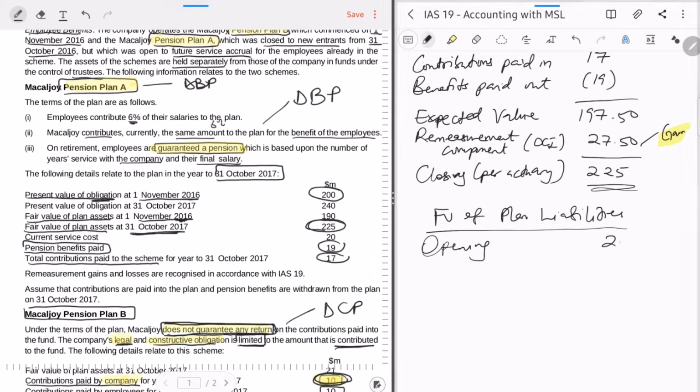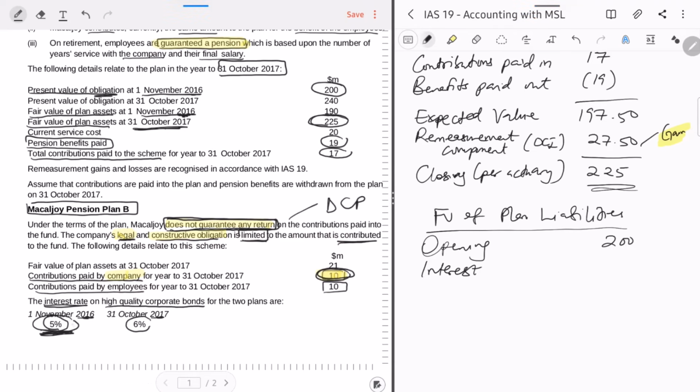So our opening is 200. Remember I told you the next thing you add is what? Your interest. I told you it's computed on the opening, and we still use the opening rate here. Please don't be deceived into using the closing 6%. No, always use the opening rate. So here to be what? 5% on 200, which is the opening value, and that will give you 10.